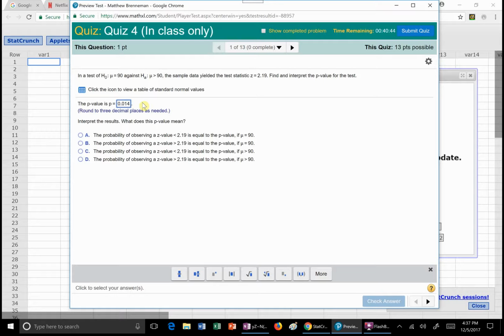And so now we want to try to interpret this. Remember what the p-value is. The p-value is the probability we could see the test statistic if the null hypothesis was true. So if the null hypothesis is true, which means that mu has to be equal to 90 degrees, it's the probability that I would see a z-value of 2.19 or higher.